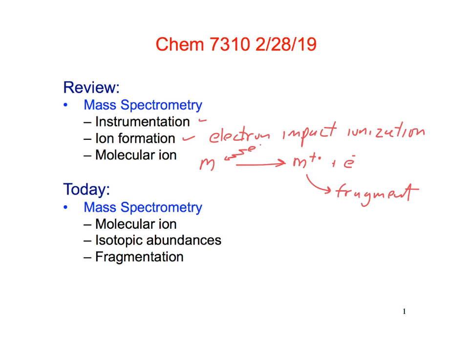All right, so we finished off last time starting to talk about how different isotopes of atoms can give us some information. We'll get back to the same table that we used before. But we already know that C13 is an isotope of carbon. That's 1.1%.